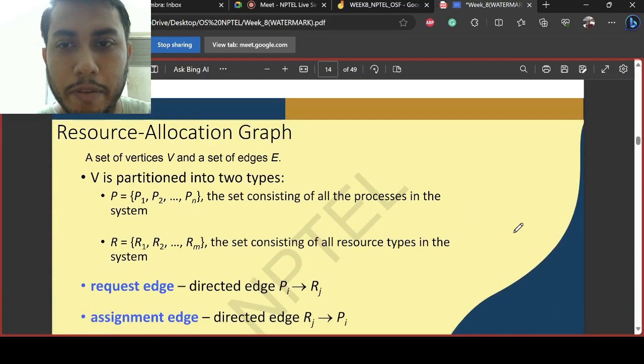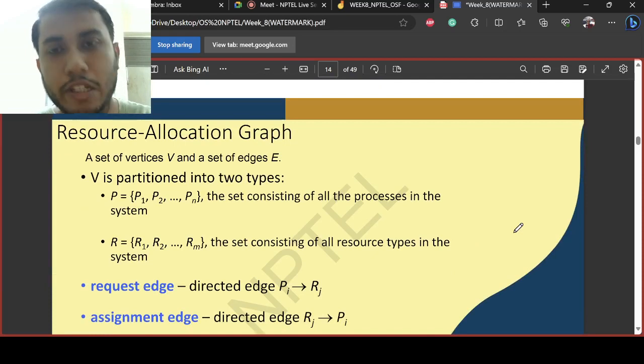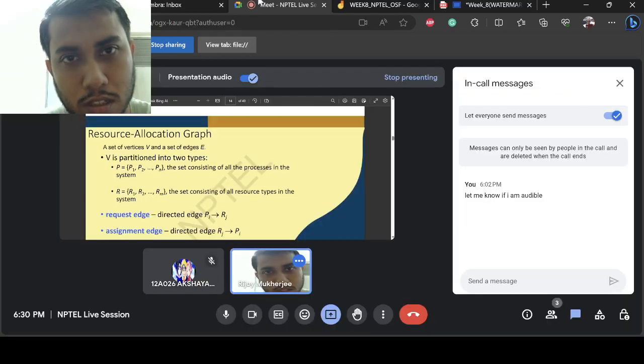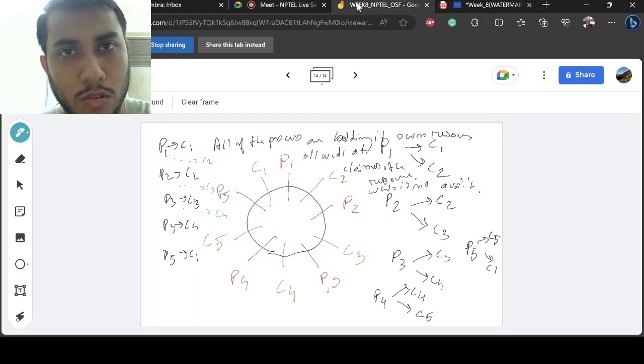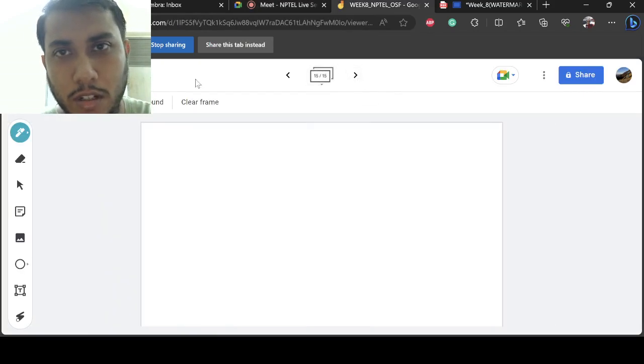Now we will be introduced to something called a resource allocation graph. In a resource allocation graph there are two types of vertices. But first, what is a graph? Let me give you an example.